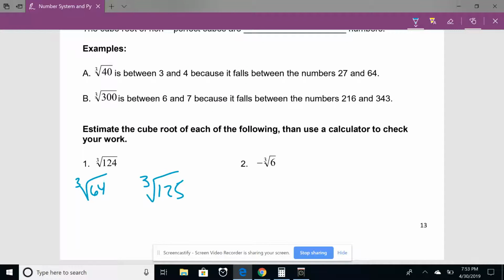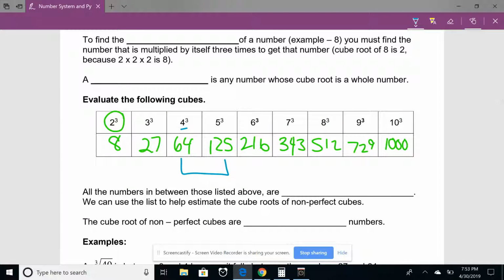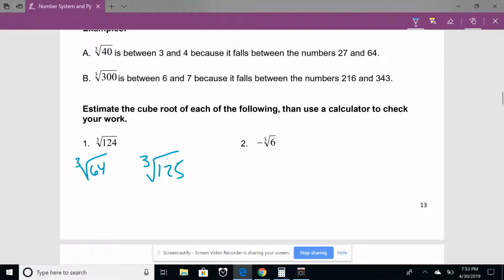Cube root of 64 is 4. The cube root of 125 is 5. So it's going to be between 4 and 5.